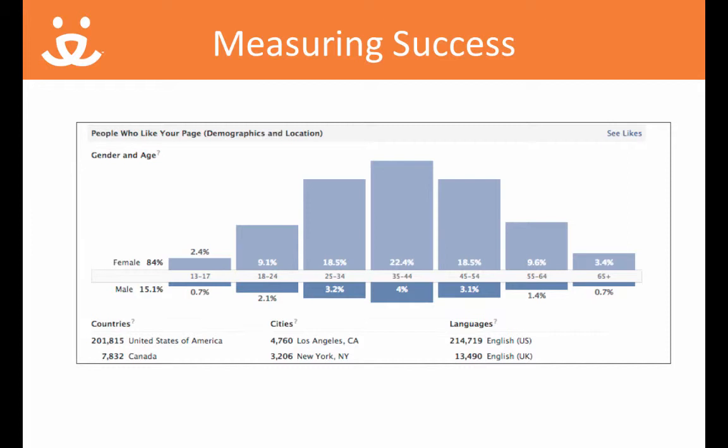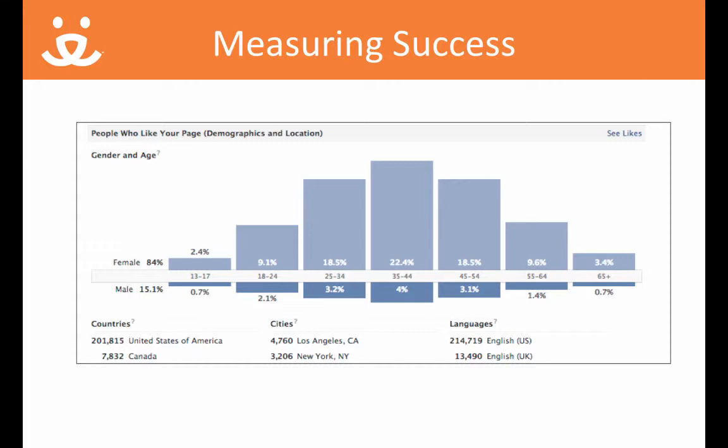And also interesting, you can see where people come from. So if you're a national organization, you can see where the majority of your fan base is located. Or even if you're a local organization, you can see if there are people maybe outside of your region that are liking your page, which just might be interesting information for you to have.